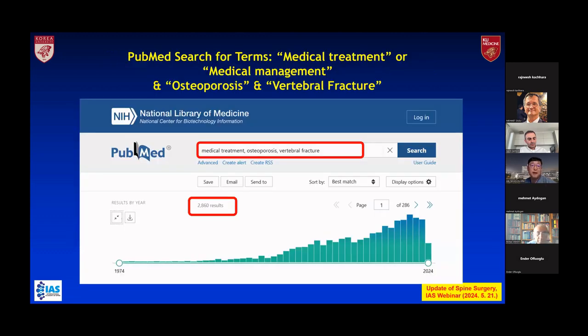When you check PubMed regarding medical management of osteoporosis and vertebral fractures, there are a lot of papers since 1974, but more than half of the papers were published during the last 10 years.